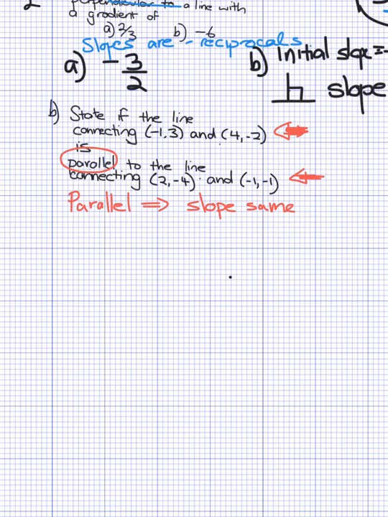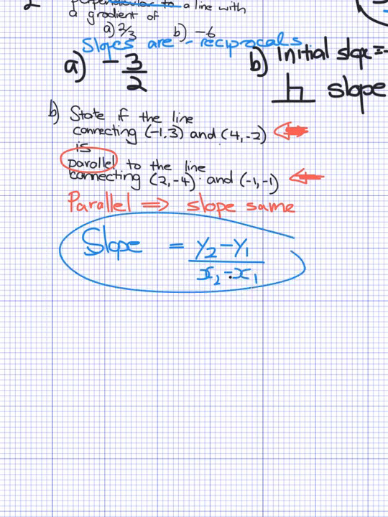So I'm going to write the slope formula. Slope is equal to y2 take y1 over x2 take x1. Okay, that's the slope formula. So now the slope of the line through -1, 3 and 4, -2 is actually going to equal, remember what we do, we write underneath x1, y1, x2, y2.